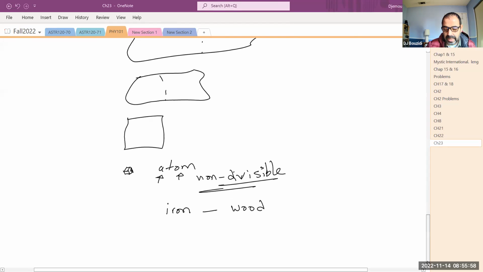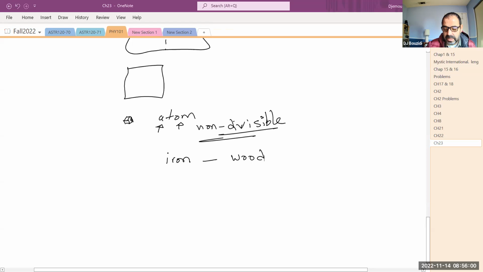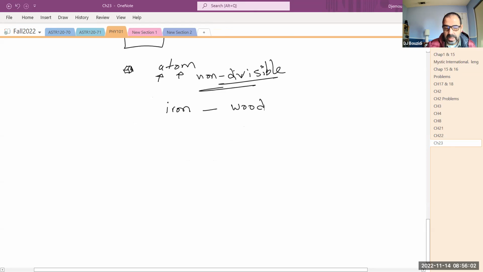So it was until the 17th or 18th century, when people started working with gases, and Mr. Lavoisier came up with his law of how materials stay in proportions when they interact with one another, and also Dalton.